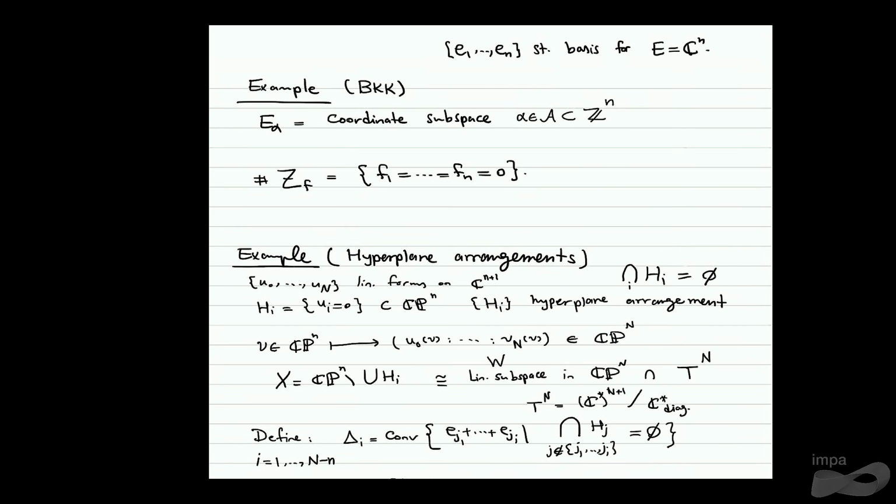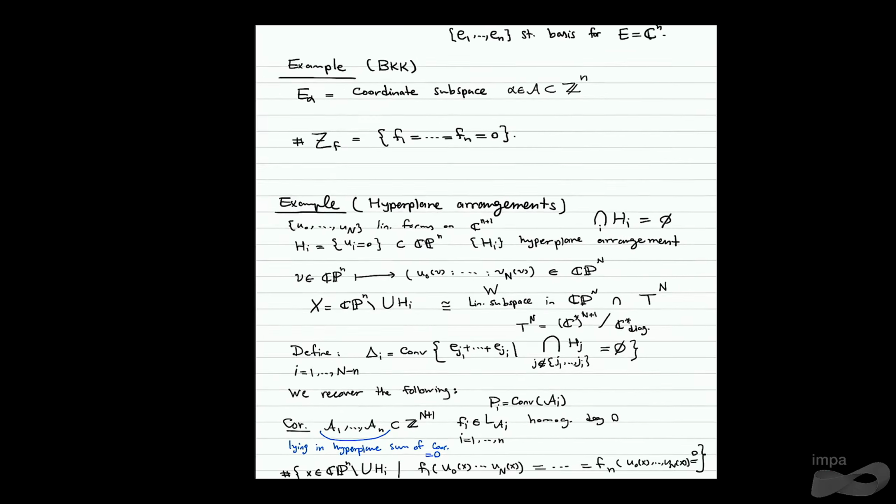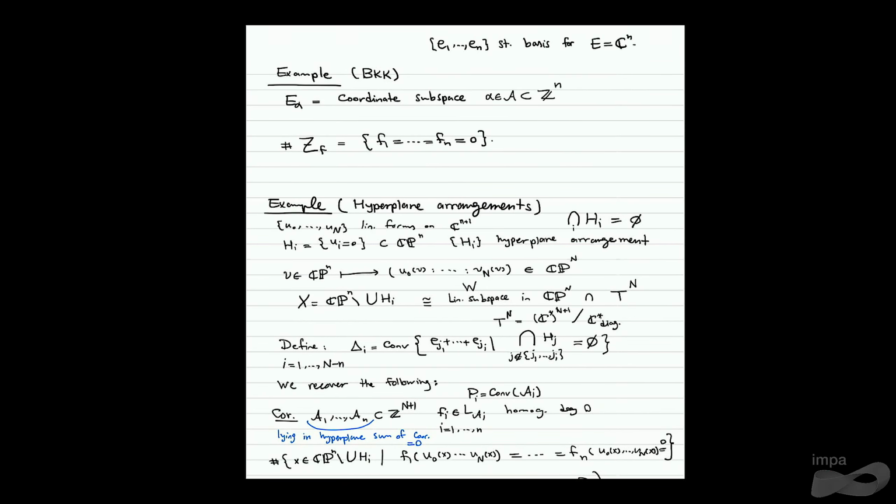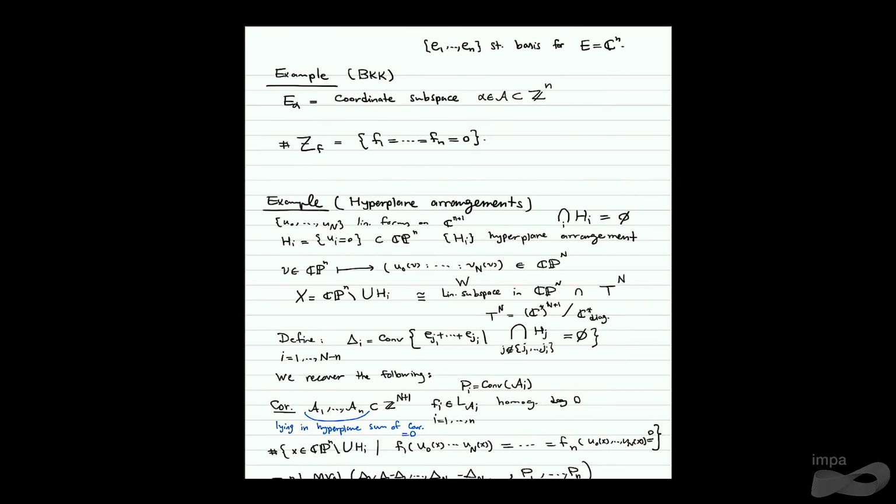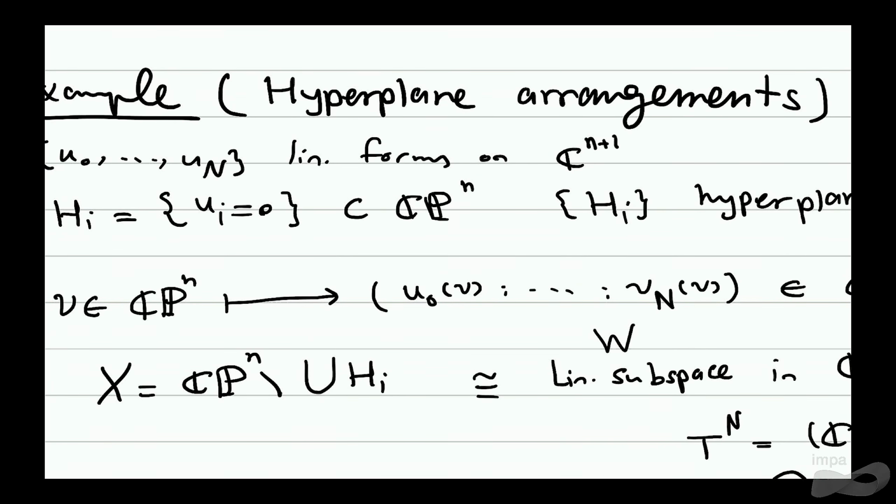And then you can ask, an example of also this situation is the following, which Kris basically defined a lot of the things this morning. So you have an arrangement of subspaces. My setup is that I'm in CP^n or P^n.